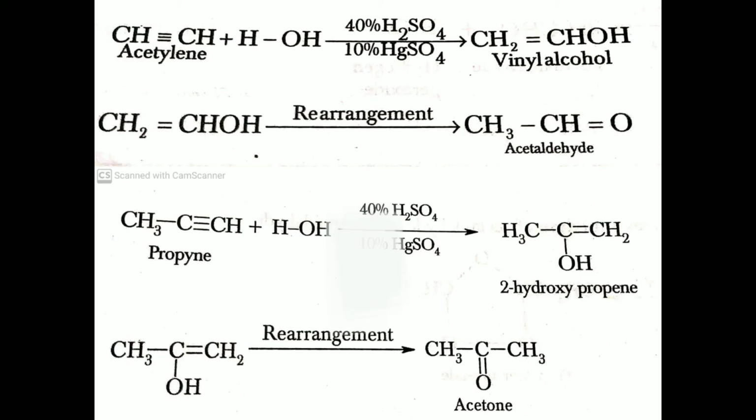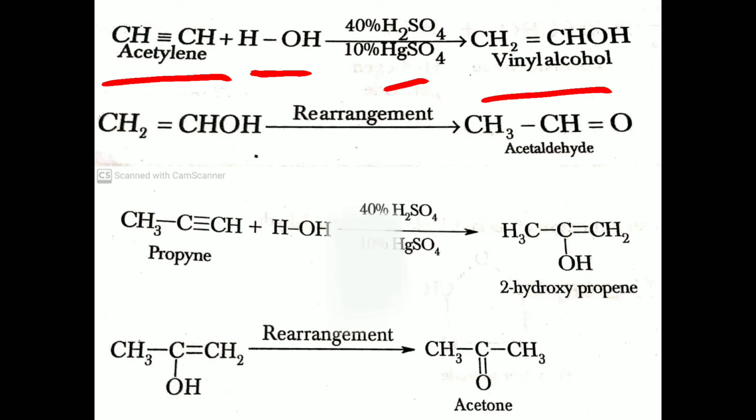In this reaction, it is found that when acetylene, that means ethyne, containing CH triple bond CH, is passed into hot water, that is HOH, the water molecule, containing 40% H2SO4, that is sulfuric acid, and mercuric sulfate HgSO4, it gives vinyl alcohol.